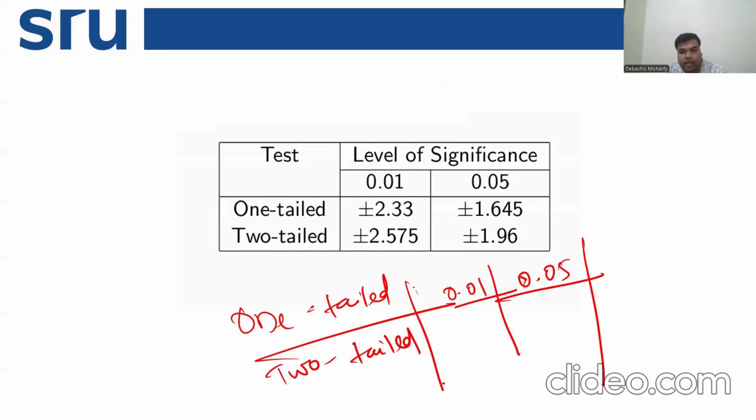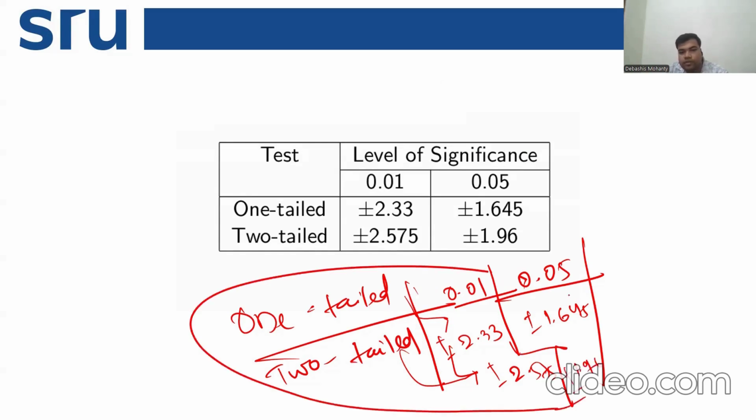For the one tail test, it is plus or minus 2.33 and plus or minus 1.645. For the two tail test, it is plus or minus 2.575 and plus or minus 1.96. These values are very important. Plus or minus 2.33 for one tail is 0.01 level of significance, which means 99% level of confidence.